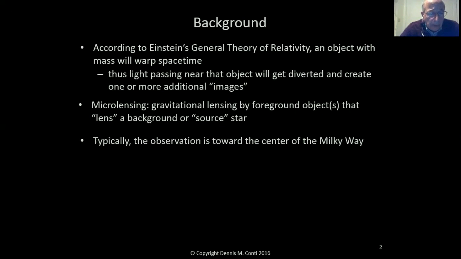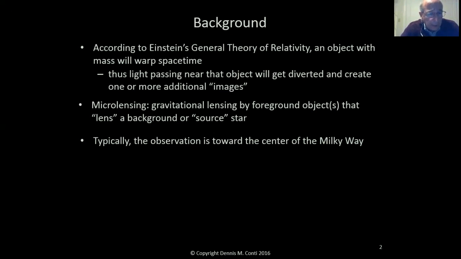Now, microlensing involves a foreground object, that is to say, an object between us and a distant star. The highest probability way for that to happen is for us to be looking toward the center of the Milky Way.